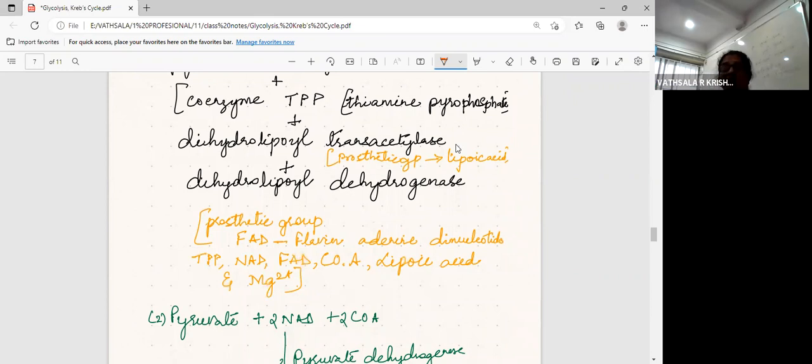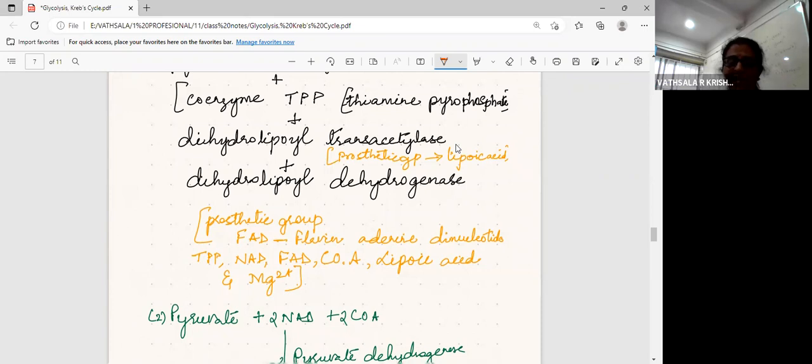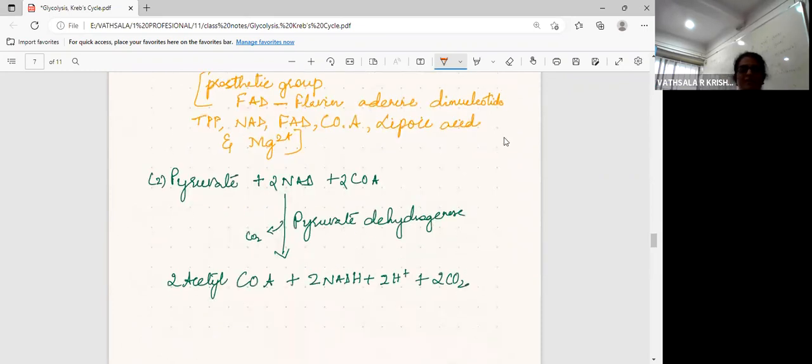You need to remember it's a very complex enzyme in your body, which converts pyruvate to acetyl-CoA. During that, NAD is converted, see here.